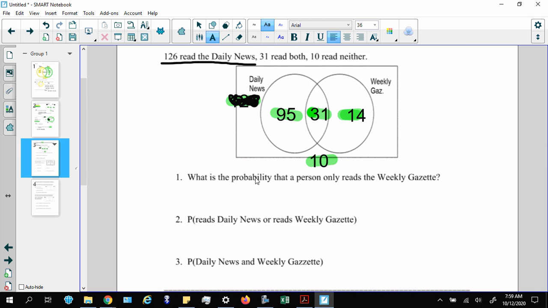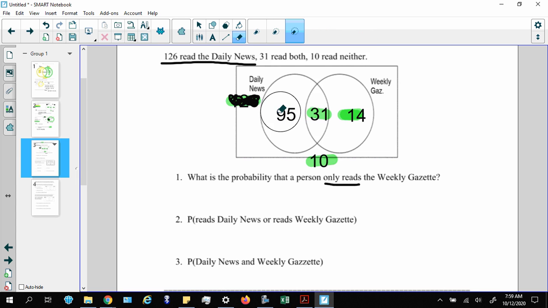It says, what is the probability that a person only reads the Weekly Gazette? So the whole only reads means the entire Weekly Gazette is going to be cut up a little bit because it's only asking for only.